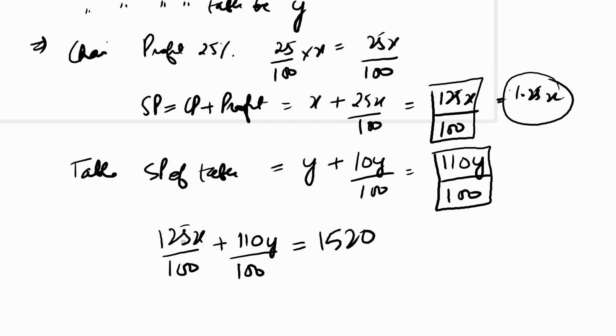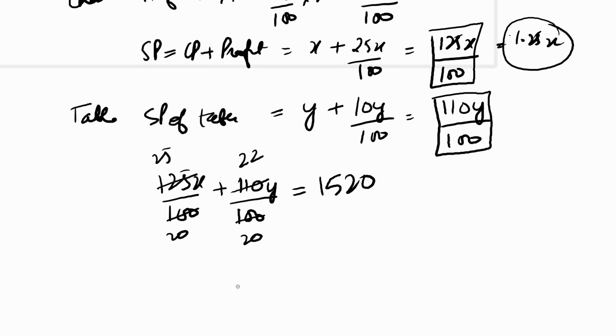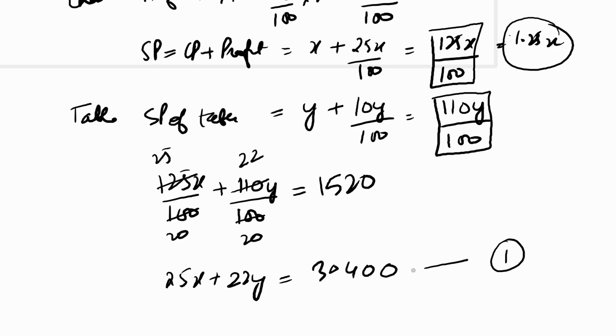It will become 25 upon 20 and 22 upon 20. So we will make it 25x plus 22y is equal to 30,400. Okay, this will be equation 1.